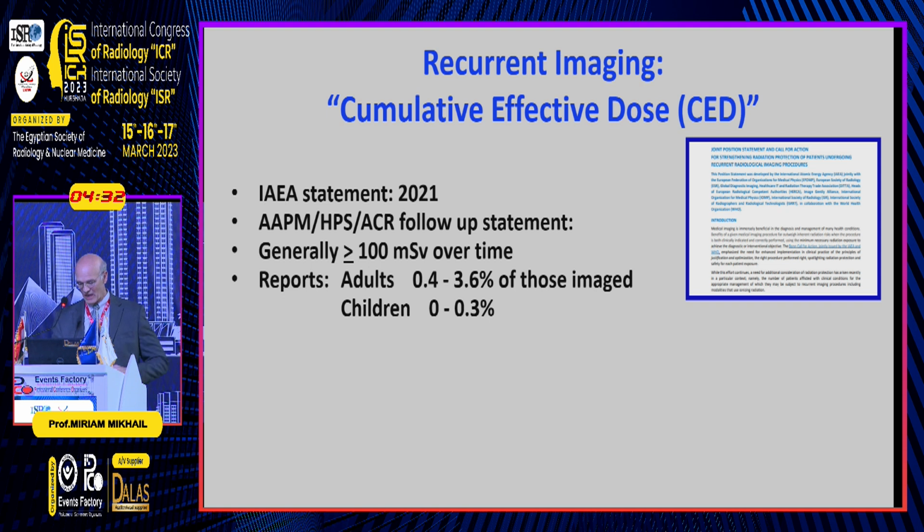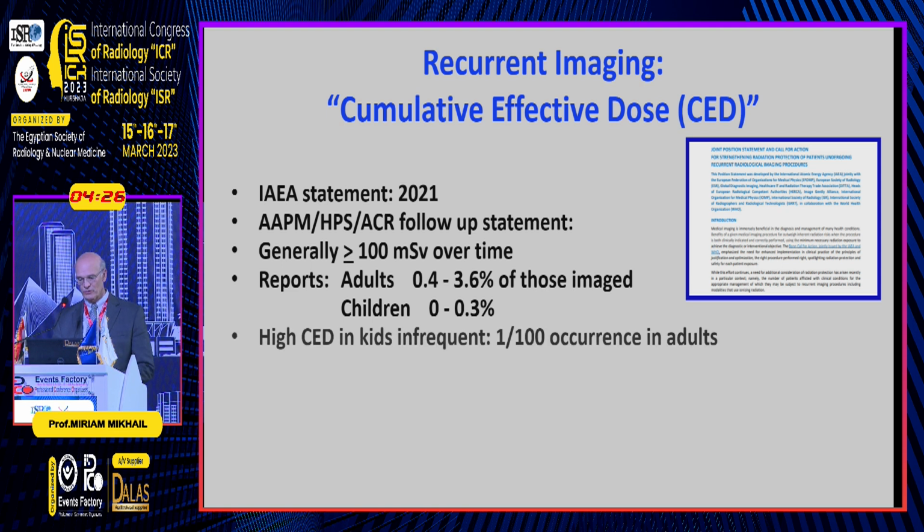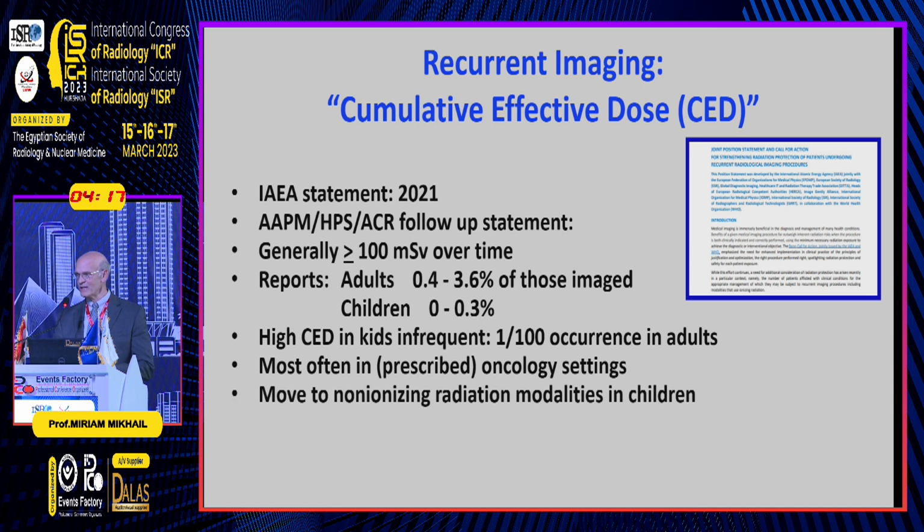It is actually about 1/100th of the time that you might get recurrent imaging up to this kind of dose in children. And it's most often in oncology settings, which have fairly prescribed imaging algorithms. And there's a move to non-ionizing modalities, MR examination, ultrasound, to substitute for these ionizing radiation situations.